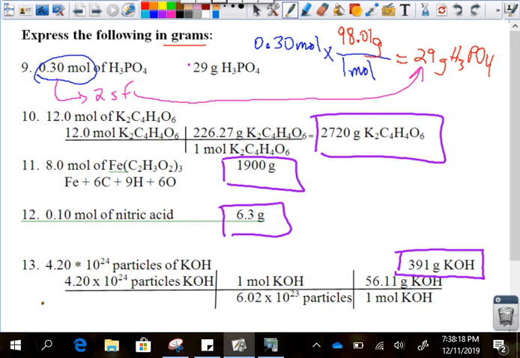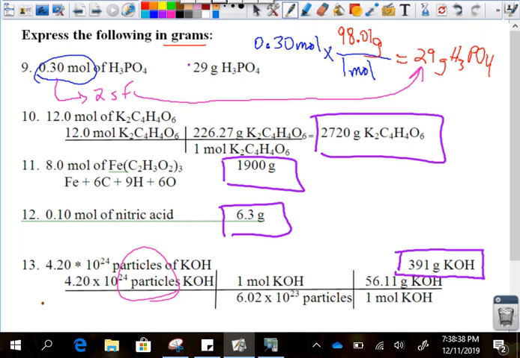But while I'm on this page here, let's look at number 13. Number 13 has different units to start. These all started with the unit of moles. This one is starting with particles instead. That's a different unit.